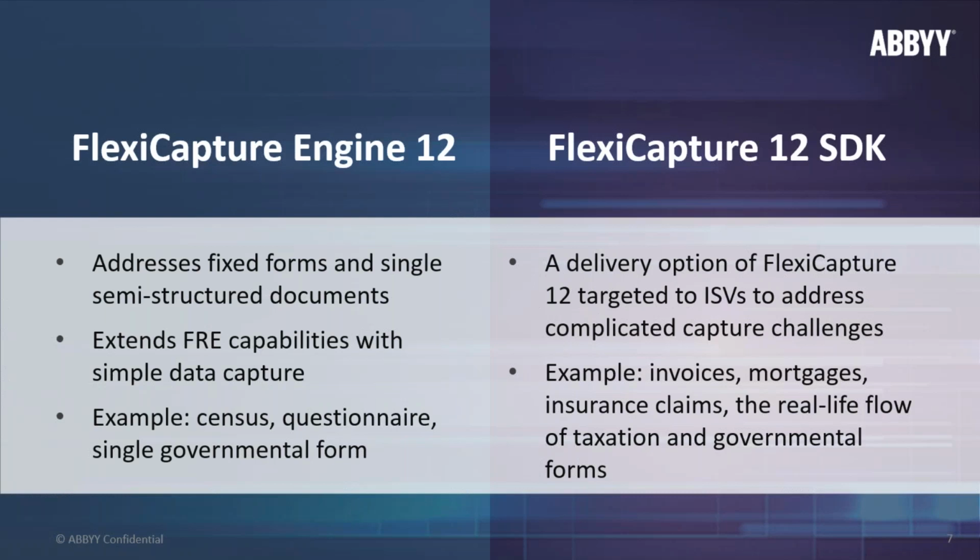The examples were census forms and simple government forms. FlexiCapture SDK on the right is recommended for complicated capture challenges. It supports the latest features of FlexiCapture and allows you to implement the real flow of complex business processes like invoices, mortgages, insurance claims, and tax and government forms.